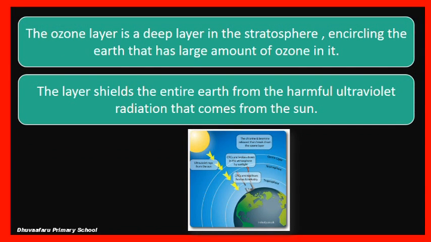The ozone layer is a deep layer in the stratosphere encircling the Earth that has a large amount of ozone in it. The layer shields the entire Earth from the harmful ultraviolet radiation that comes from the sun.